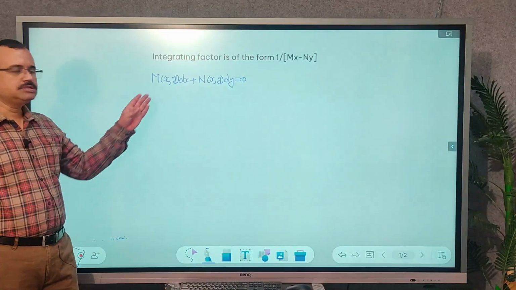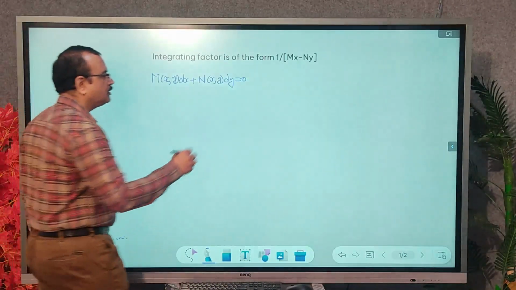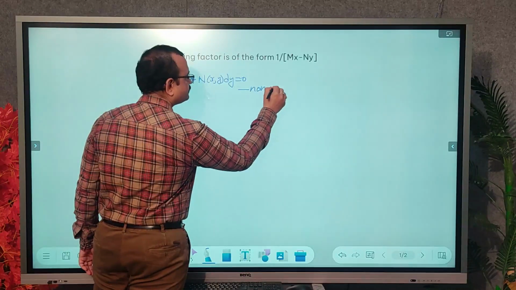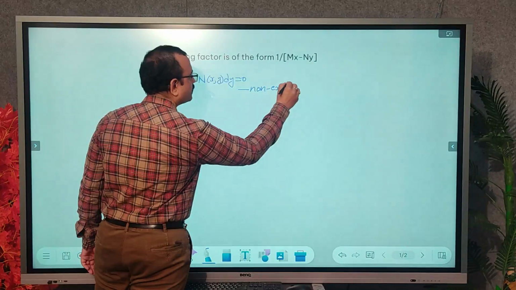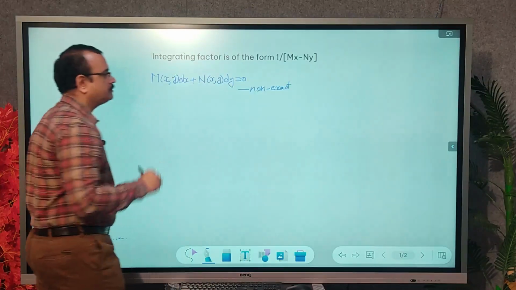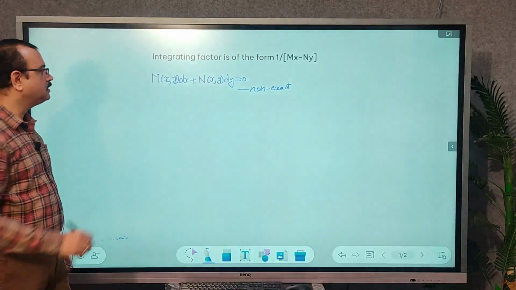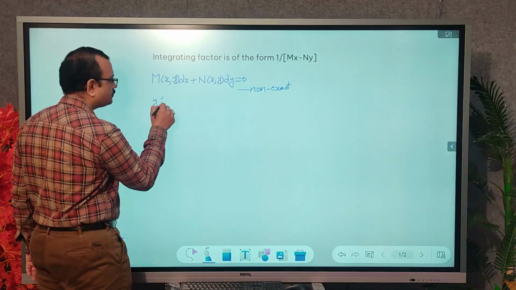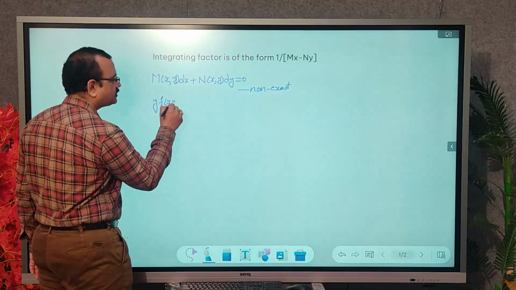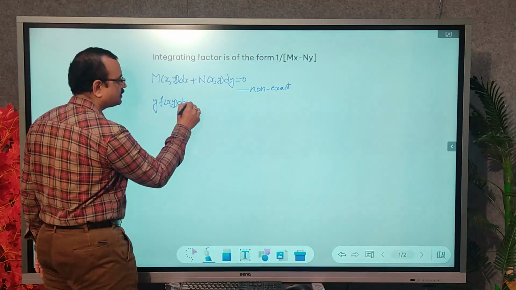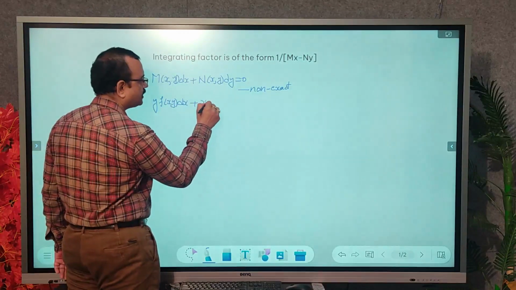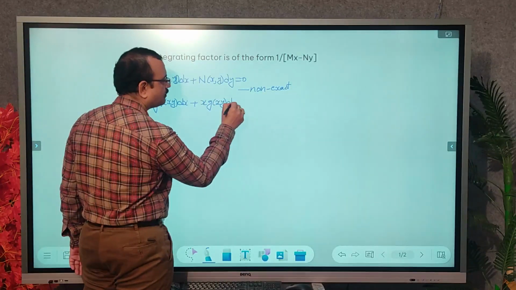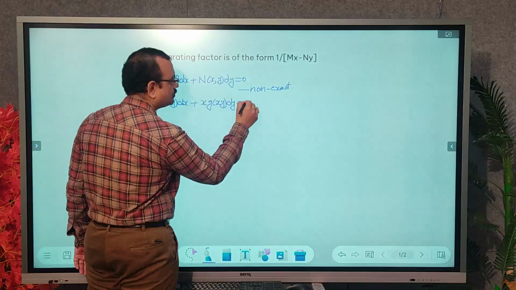Suppose this differential equation is non-exact, but it is of the form y into f of xy dx plus x into g of xy dy is equal to 0.